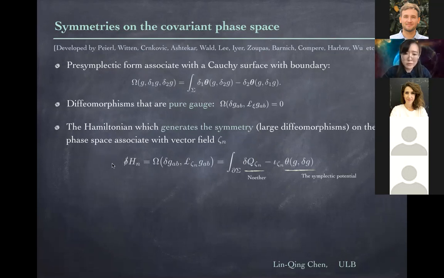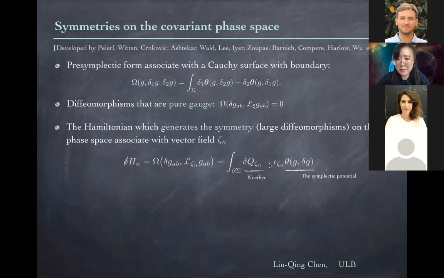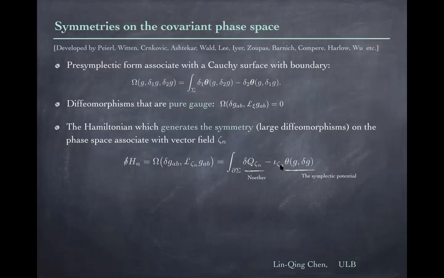And by the Iyer-Wald formula, the Hamiltonian can be solved by inserting the field variation as the Lie derivative of the g mu nu. Then there are two pieces: one is a Komar charge in the gravitational situation, and the other piece is the interior product of the vector field into the symplectic potential. Here we use the slash notation, following the literature, to emphasize that it's very non-trivial to make this charge integrable.